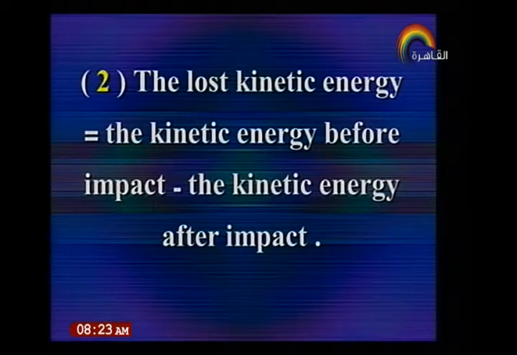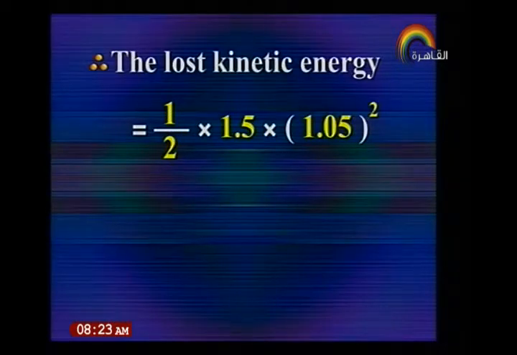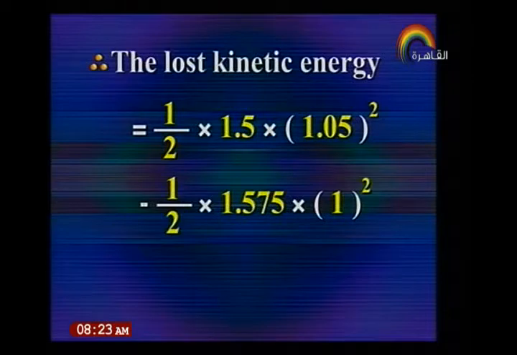The lost kinetic energy equals kinetic energy before impact minus kinetic energy after impact. Then the lost kinetic energy equals half times 1.575 times (1.05)² minus half times 1.575 times 1 squared.